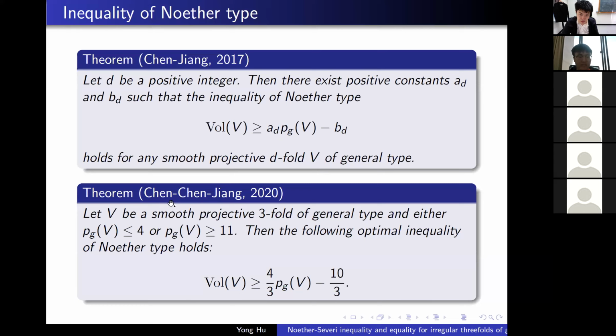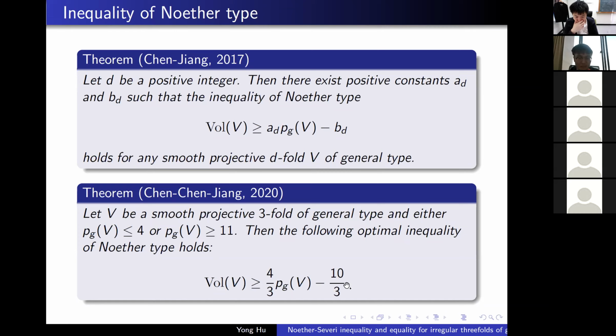This is proved by Yong Chen, Meng Chen, and Chen Jiang in 2020. The theorem is the following. Let V be a smooth projective threefold of general type, and either the geometric genus of V is less than or equal to 4, or the geometric genus is larger than or equal to 11. Then the following optimal inequality of Noether type holds. The canonical volume is larger than or equal to 4/3 p_g(V) minus 10/3.